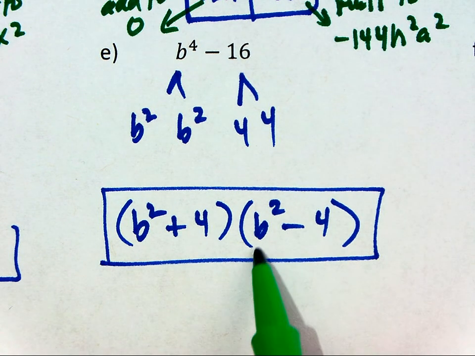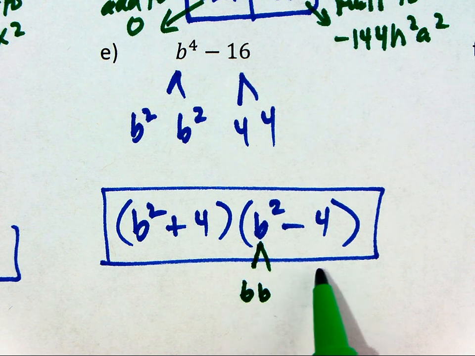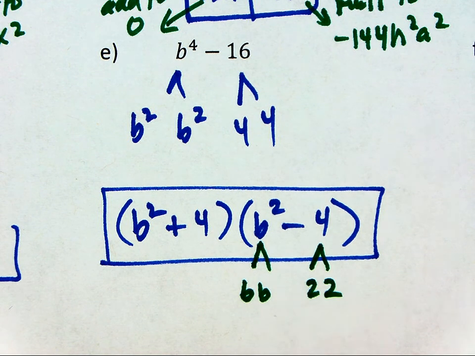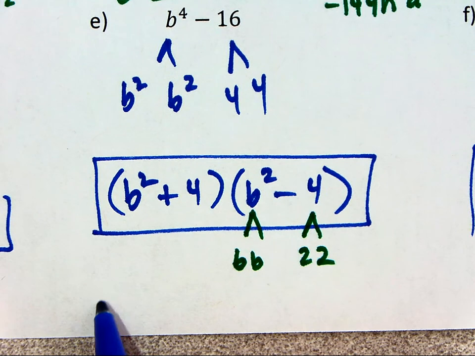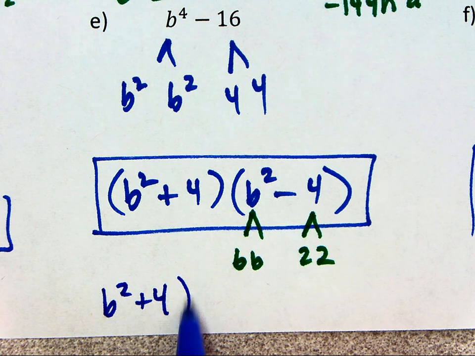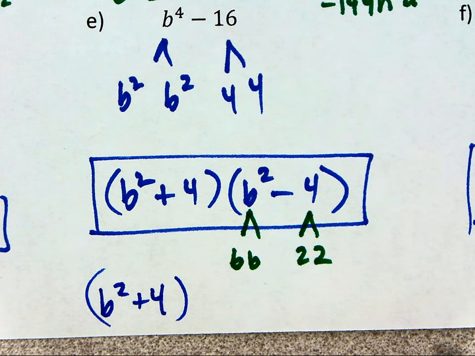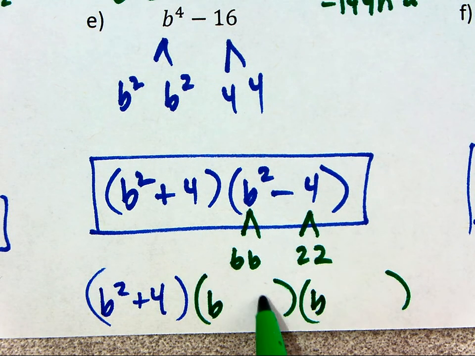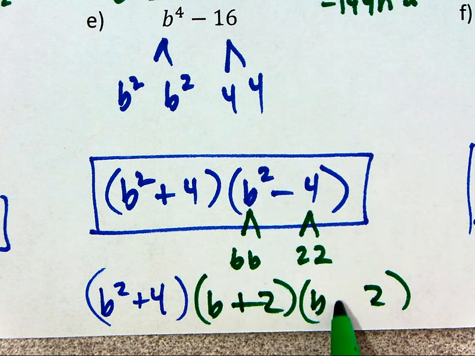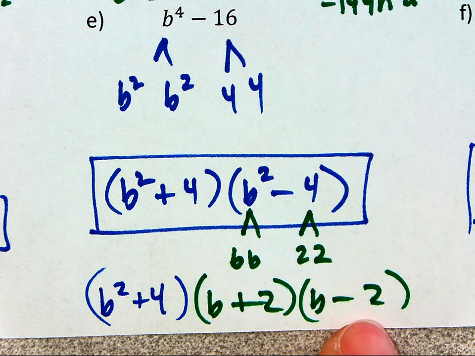B squared is b times b, 4 is 2 times 2. So we could have taken that a step further and written it as b squared plus 4, and then using a different color here, we would have b and b, 2 and 2, one sum, one difference. So we could actually write that as the product of 3 factors instead of just 2.